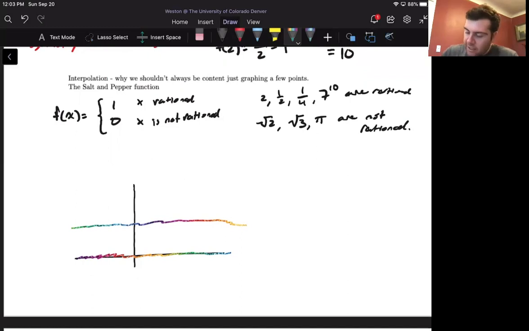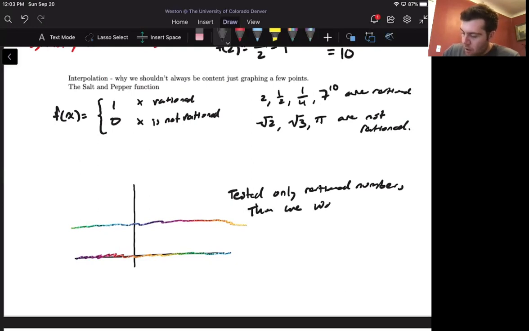So if you tested only rational numbers, which is what we usually do, then we would always get f of x equals 1.